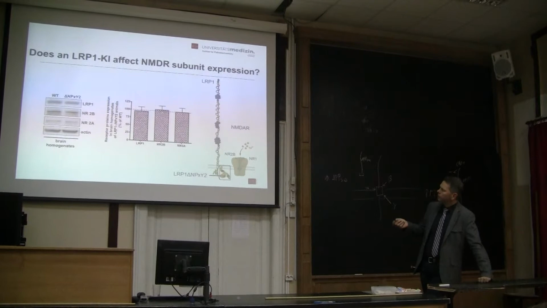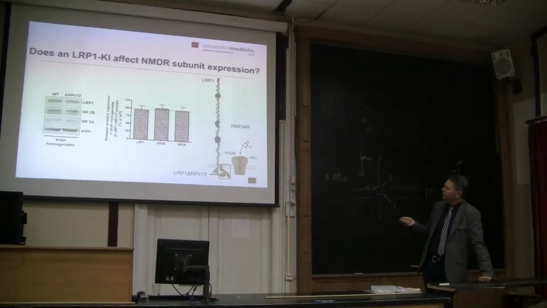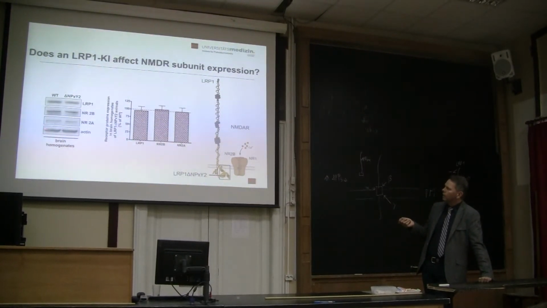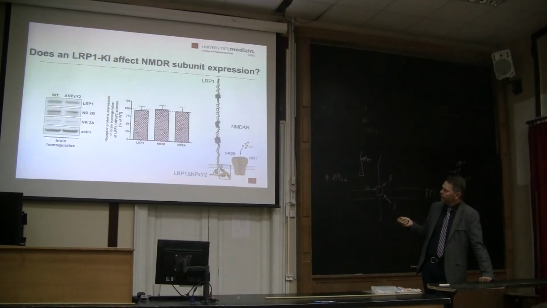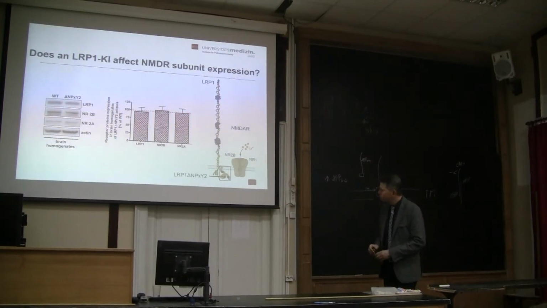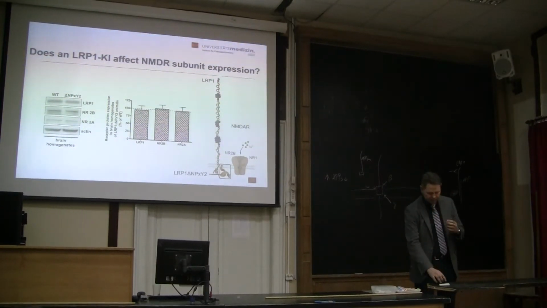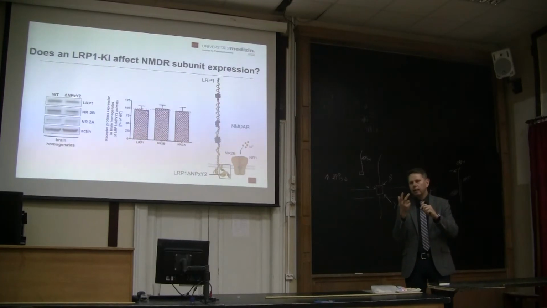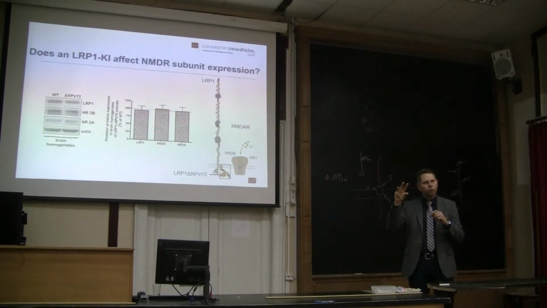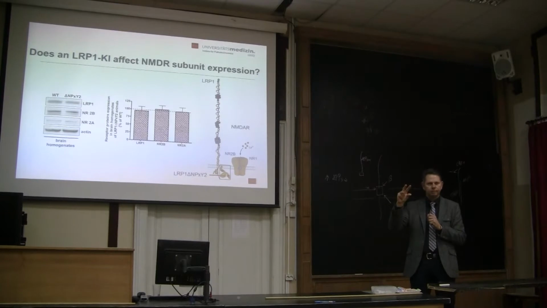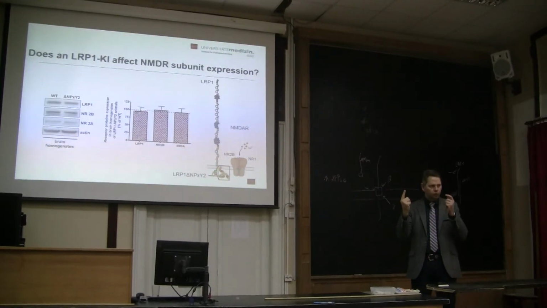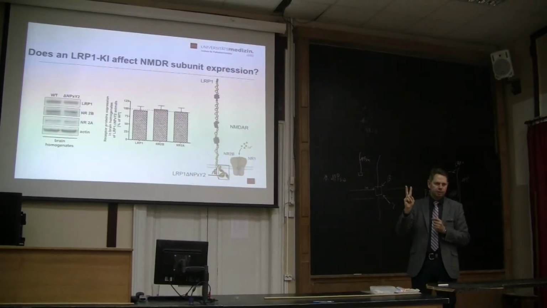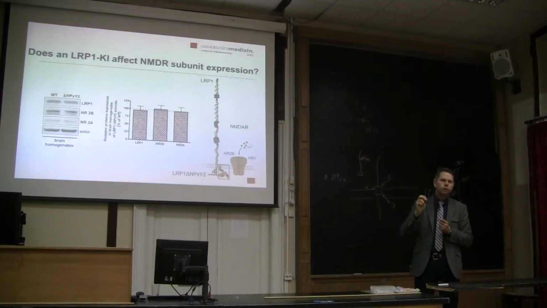So we tested just in brain homogenates the expression levels of LRP, NMDA receptor subunit 2B, 2A. So I have to say, since you're not familiar with NMDA receptors, they are receptors that consist of 4 different subunits. NMDA receptor subunit 1 always has to be there in 2 copies, and then 2 others are there, either 2B or 2A.